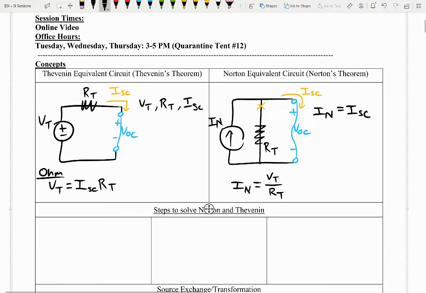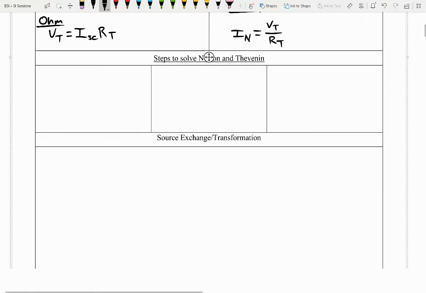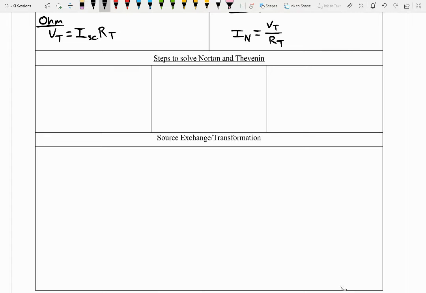Okay. Scooting down. Let's look at the steps to solve these. So first step, if we see that there are no dependent sources, so that's these diamond looking ones here, the plus, minus, and the arrow. Okay.